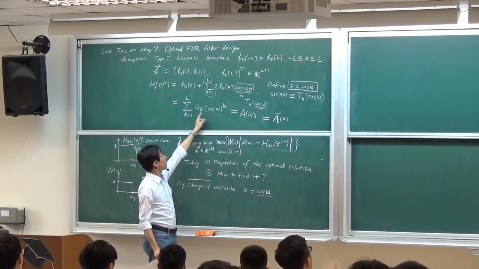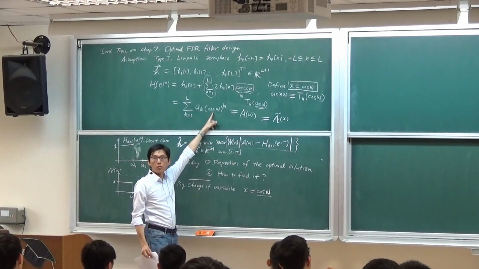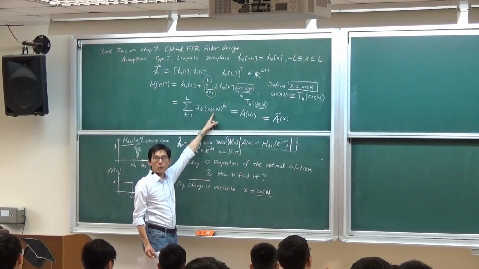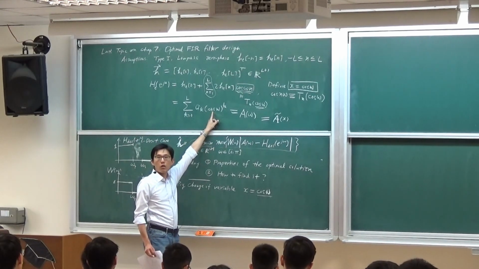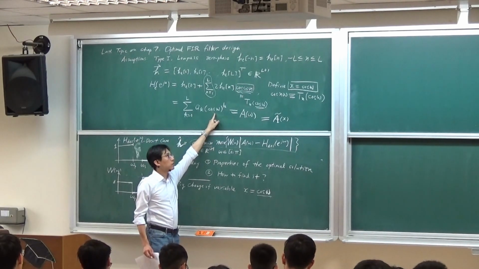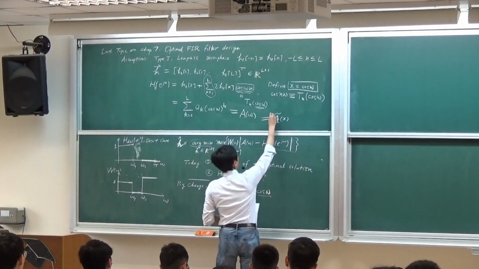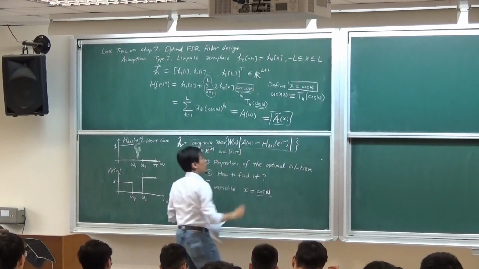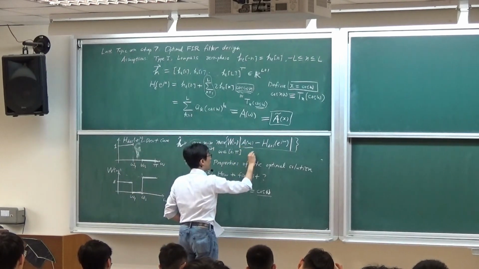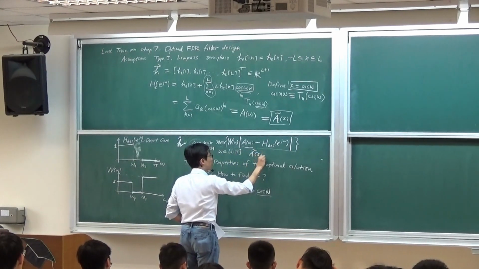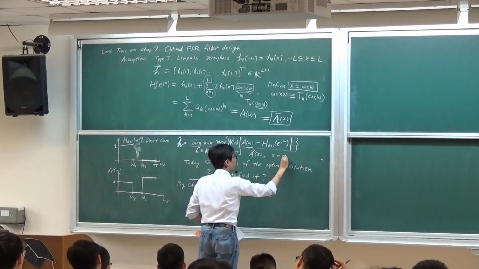Because A of omega is a polynomial of cosine omega, right? And cosine omega, now we have changed the variable, and we are going to call it x. So now, this A of omega is a polynomial of x, where x is simply cosine omega.